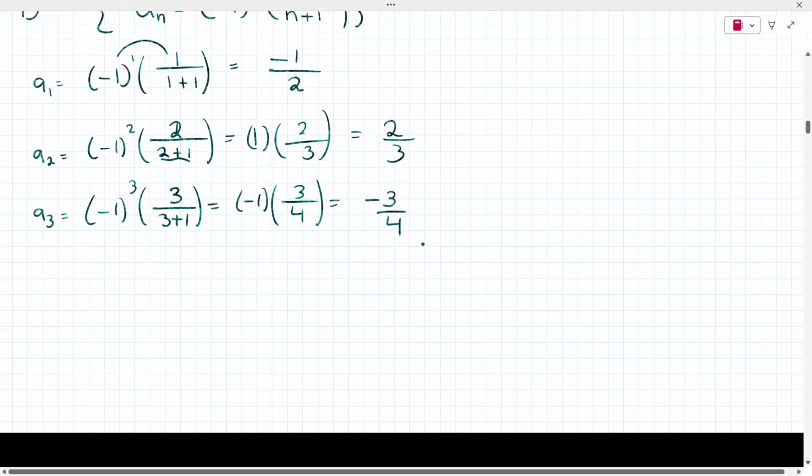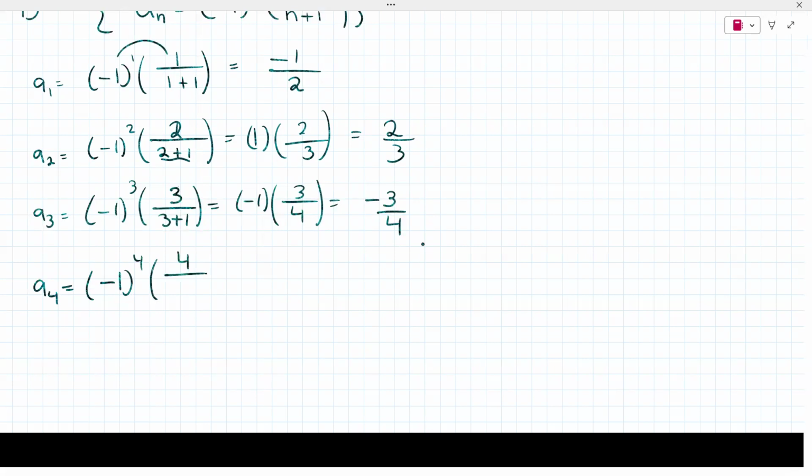Keep going. How about the fourth term? That's negative 1 to the fourth, and then this is going to be 4 over 4 plus 1. Negative 1 to the fourth is positive 1, and 4 plus 1 is 5. So what's 1 times 4/5? 4/5.